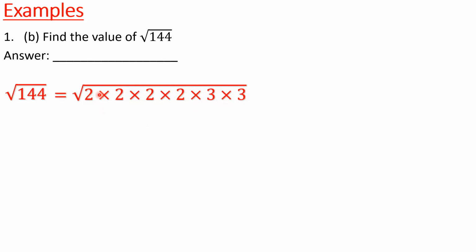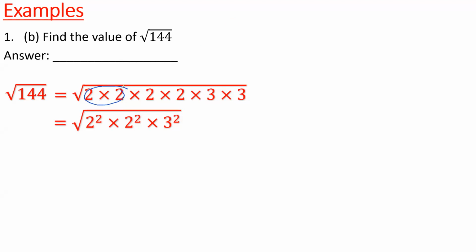Now, in order to find the square root of 144, we have to group them. So we do 2 times 2, which is 2 squared, 2 times 2, which is 2 squared, 3 times 3, which is 3 squared, right? So we group them into pairs.